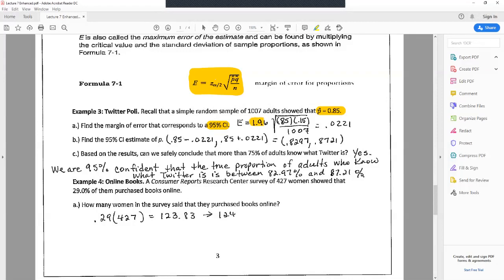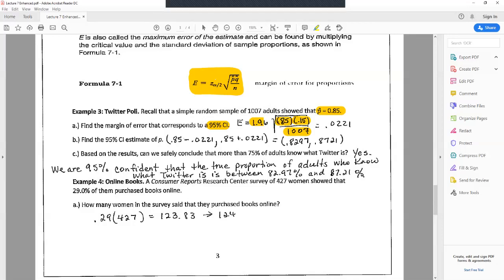We know that p hat is 0.85 and q hat is 0.15, and the number in the sample is 1,007. So we will input into the calculator 1.96 times the square root of 0.85 times 0.15 divided by 1,007.